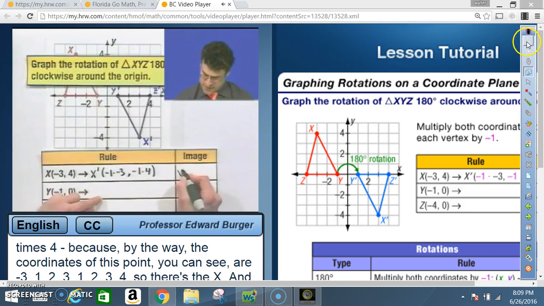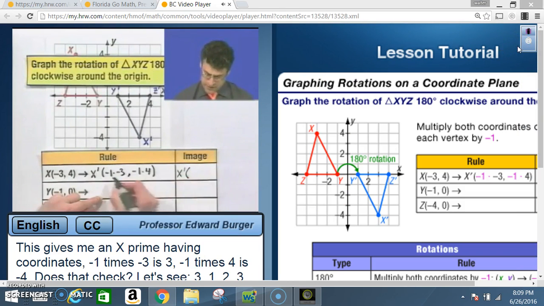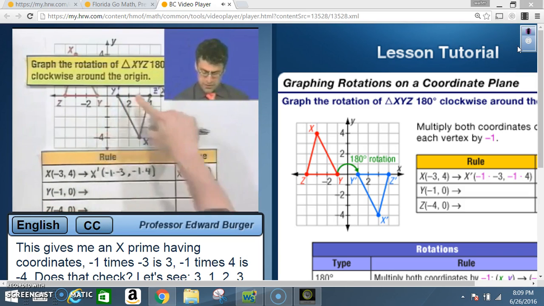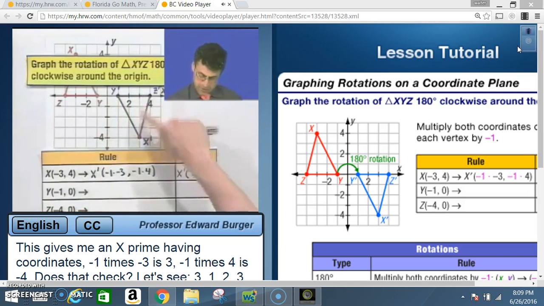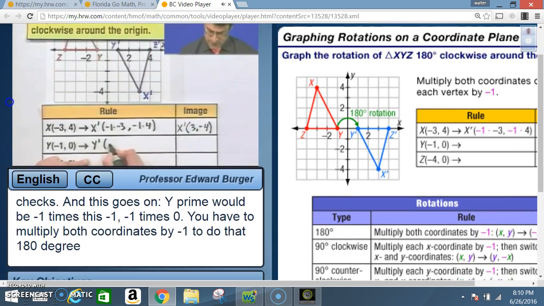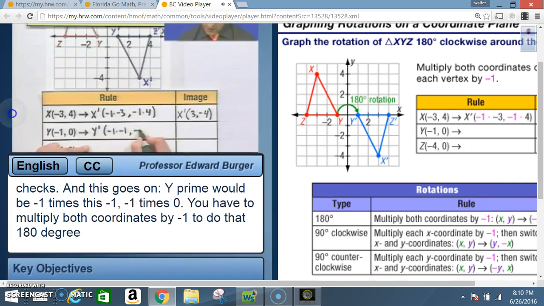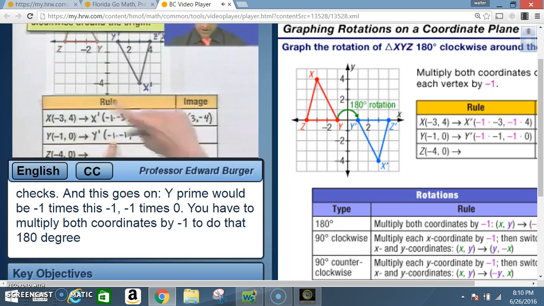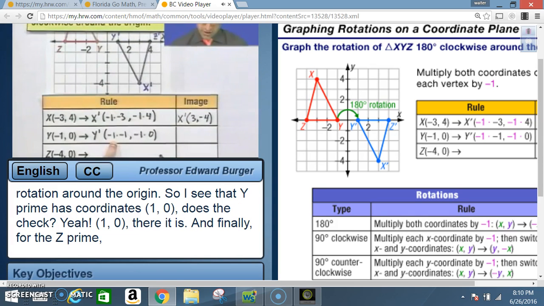What does this give me? X prime has coordinates -1 times -3 is 3, -1 times 4 is -4. Does that check? 3, and 4 down, so that's (3, -4) for X prime. Y prime would be -1 times -1, -1 times 0. Again, I multiply both coordinates by -1 for the 180 rotation around the origin.